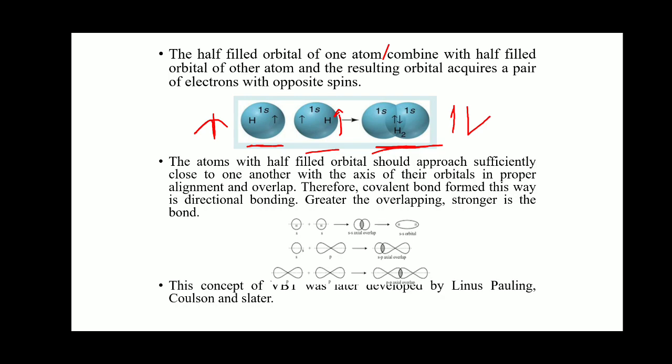So greater the overlapping, stronger is the bond formation. This concept of VBT was later developed by Linus Pauling, Coulson and Slater, and they gave the 10 postulates of valence bond theory, which explain the formation and directional characteristic of a covalent bond. These 10 postulates I will discuss in the next lecture.